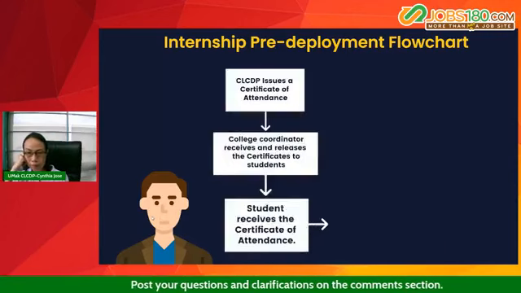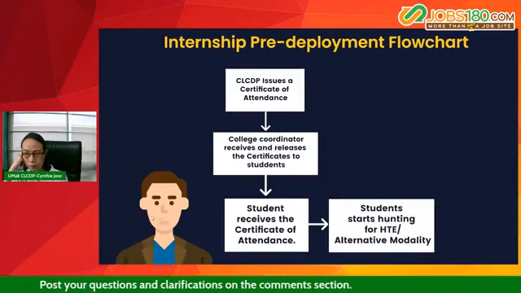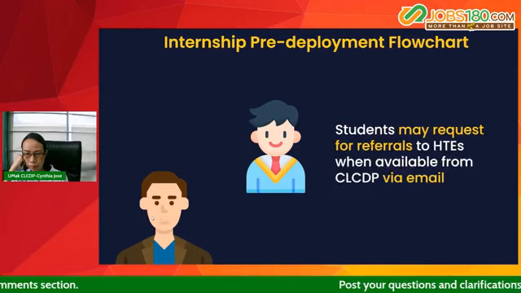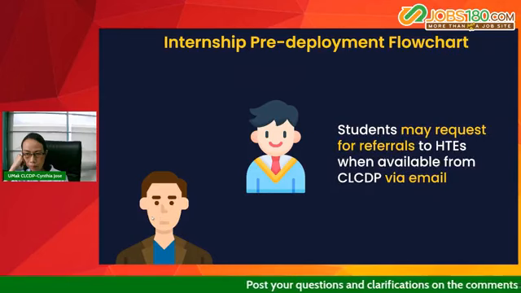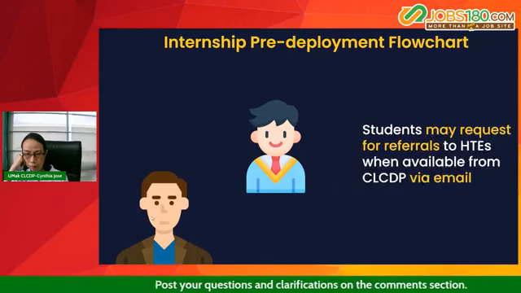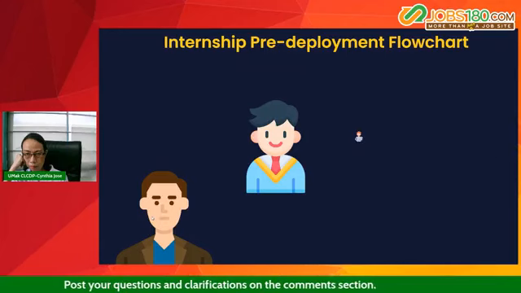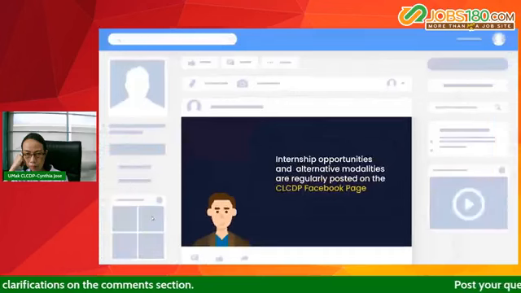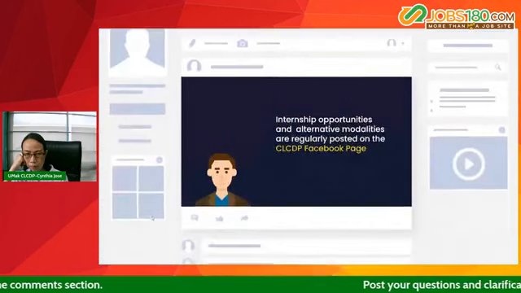The student starts hunting for a host training establishment, HTE, or an alternative modality. During the internship hunting phase, students may request for referrals to HTEs when available from CLCDP via email or from their college coordinators. Internship opportunities and alternative modalities are regularly posted on the CLCDP Facebook page.